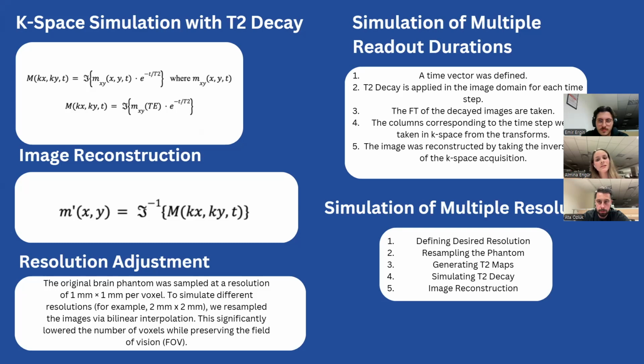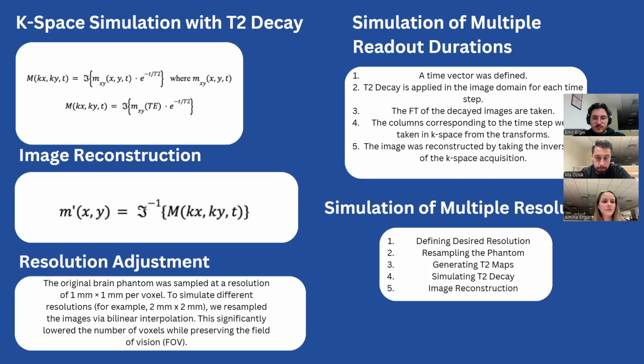The columns corresponding to the time steps were taken in k-space from the transforms, and finally the image was reconstructed by taking the inverse Fourier transform of the k-space acquisition. For our simulation of multiple resolutions, first a resolution is defined. The image is resampled using bilinear interpolation, and the same steps mentioned before are done, like k-space simulation and image reconstruction.